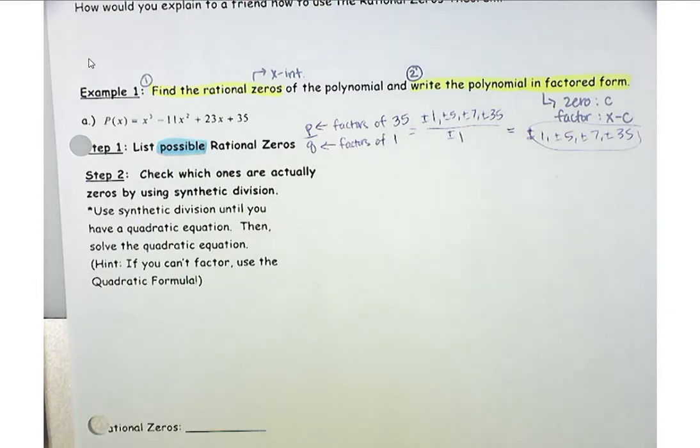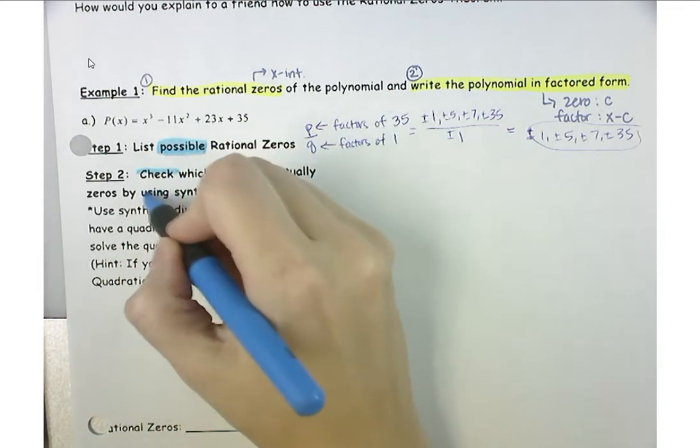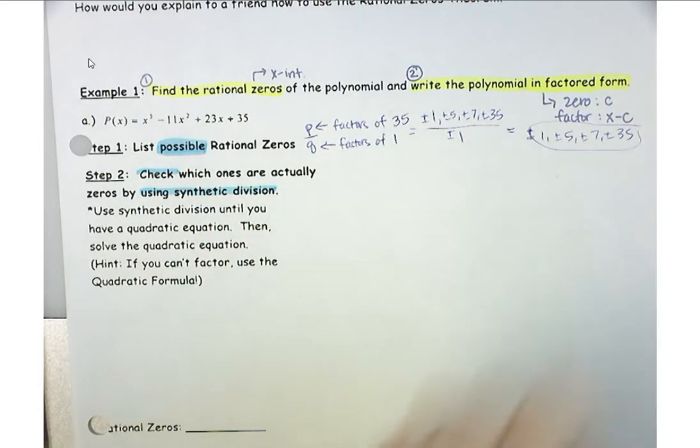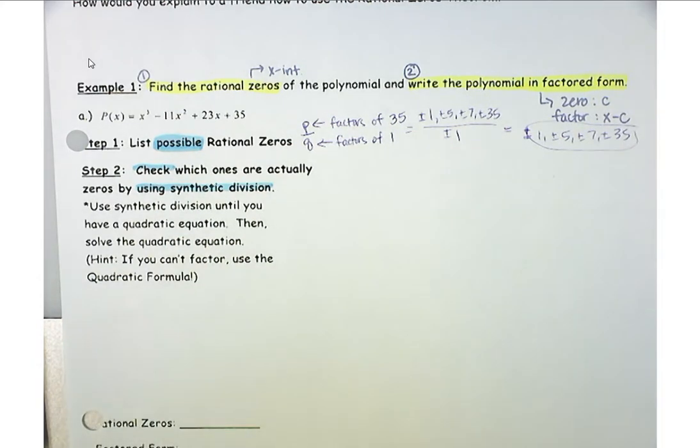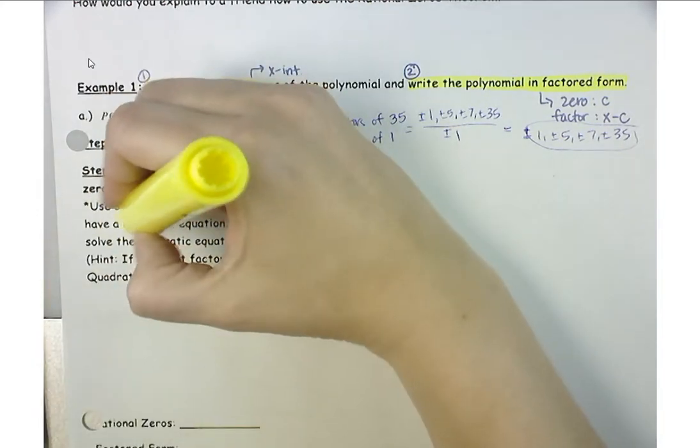So in step 2, we have to check which ones are actually zeros by using synthetic division. And you do need to use synthetic division for this, okay? Our goal is going to be to use synthetic division until we have a quadratic equation.